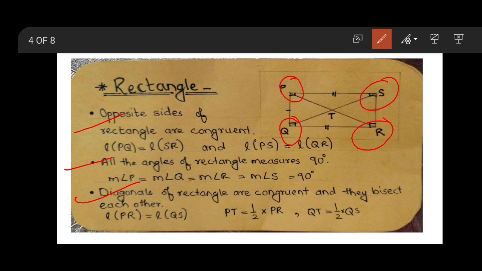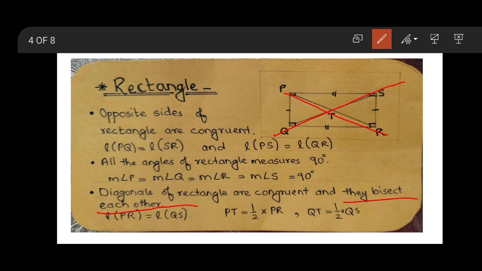The diagonals of a rectangle are congruent and they bisect each other. Here the diagonals are PR and QS. So the length of PR is equal to the length of QS. Apart from it, they bisect each other. It means it divides the diagonals into equal parts.